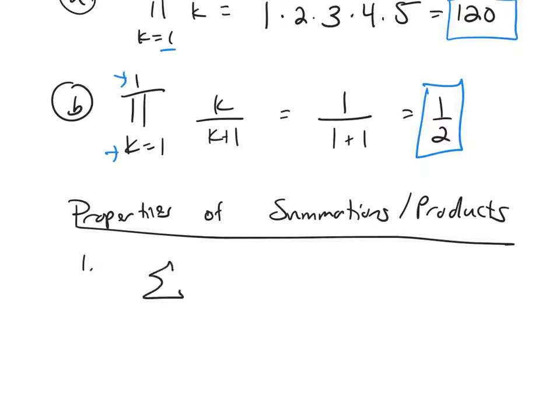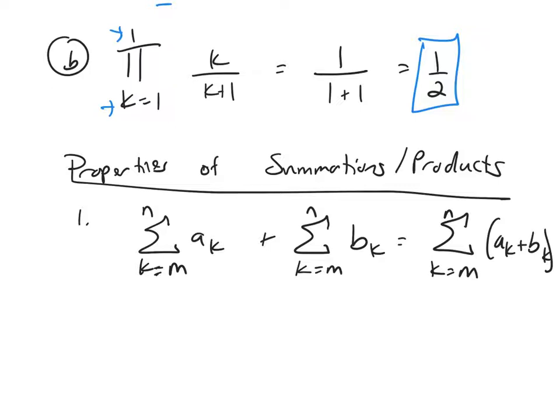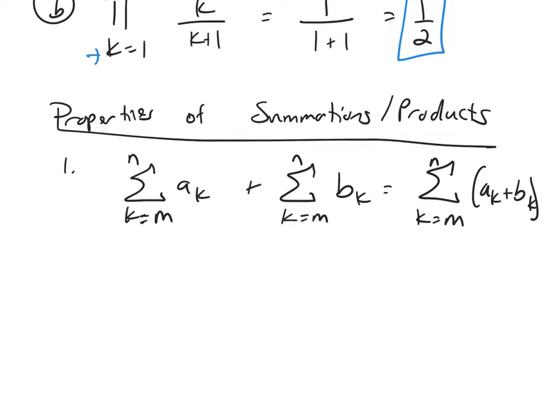So the first one, if you have the same lower and upper bound on a sum, you can combine them into a single summation. Essentially, all you're doing is reordering the addition that's going on, and addition is commutative. You can add in any order you want.